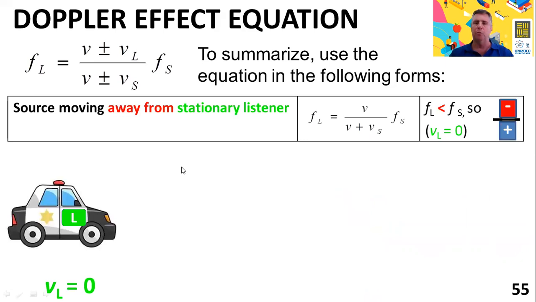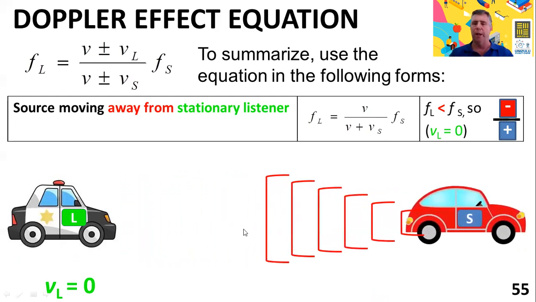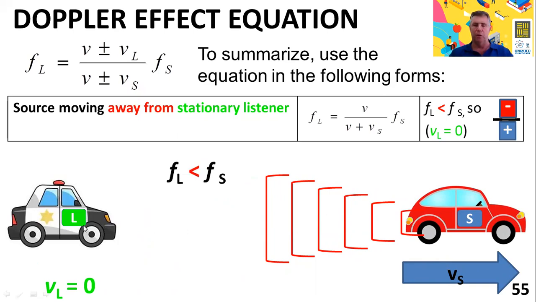The third example is where the source and listener are moving apart. So again, the listener, the police car, is stationary. The source, the car making the noise, is moving away. So it has its own velocity, whereas VL equals 0, and VL disappears from the top of the equation. But now we expect that the frequency observed by the listener in the police car will be less than the frequency of the source because the waves are being stretched and they arrive less frequently.